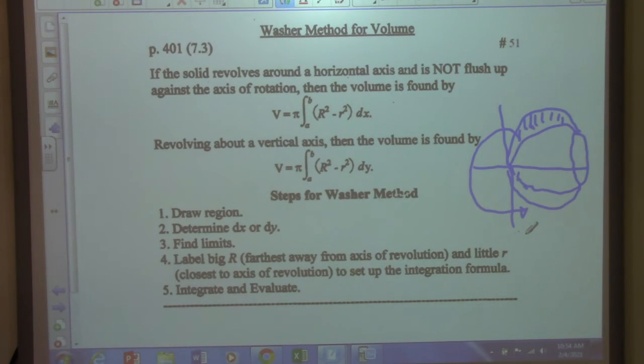And so there is another extension of this called the shell method that has another level of complexity, but in our course, we're going to get this far. Really, it's the same as the disk method, except you have this big R, as we call an outer radius, and this little r is called the inner radius.